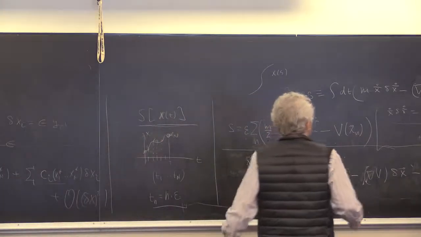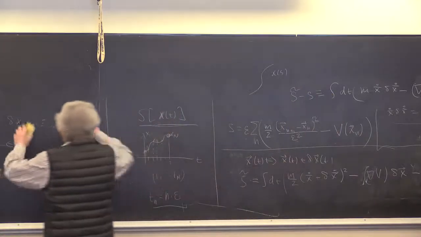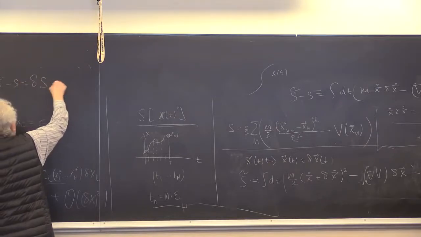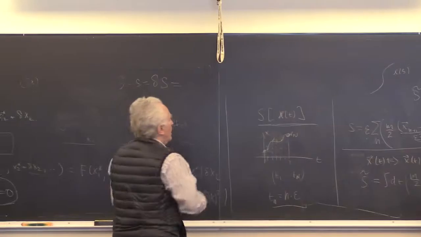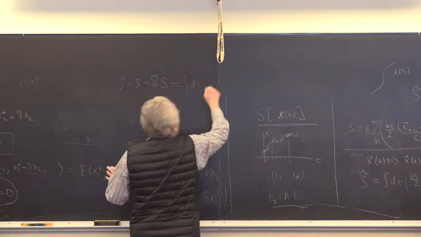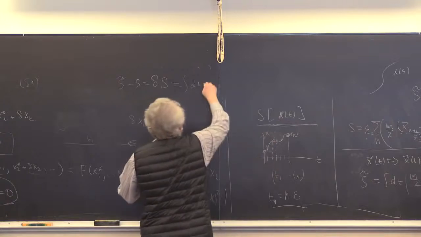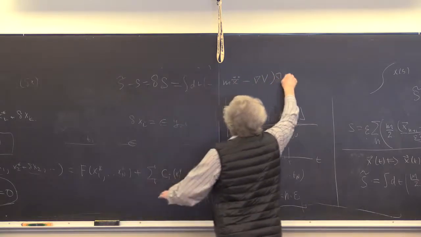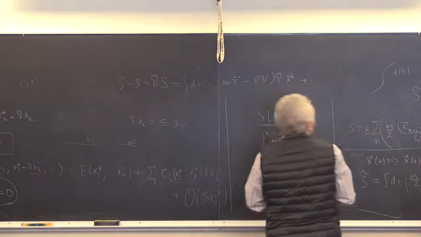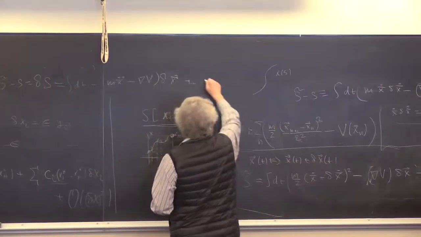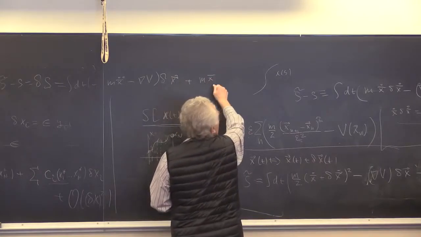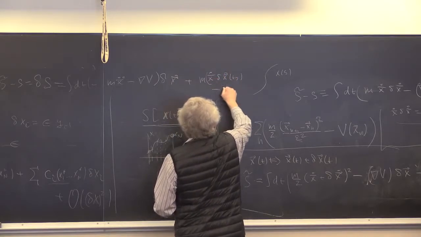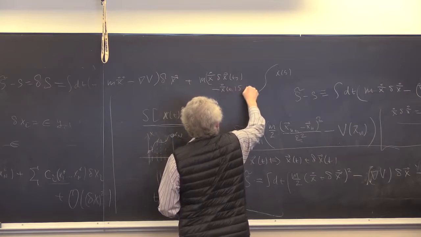So to finish with it, we have s tilde minus s, I will call delta s, and it is the integral dt of minus m x double dot minus gradient of v times delta x, plus m x dot delta x at t2 minus x dot at t1 delta x at t1.